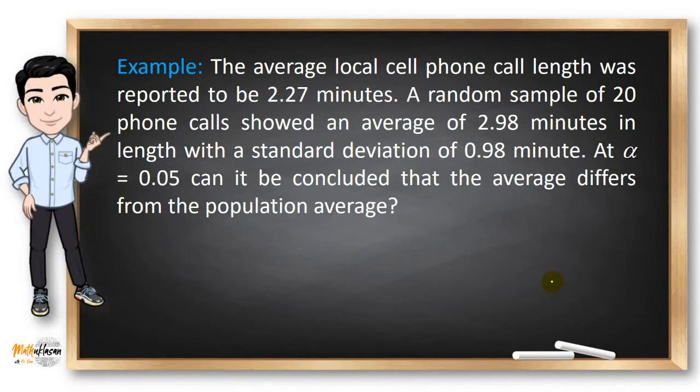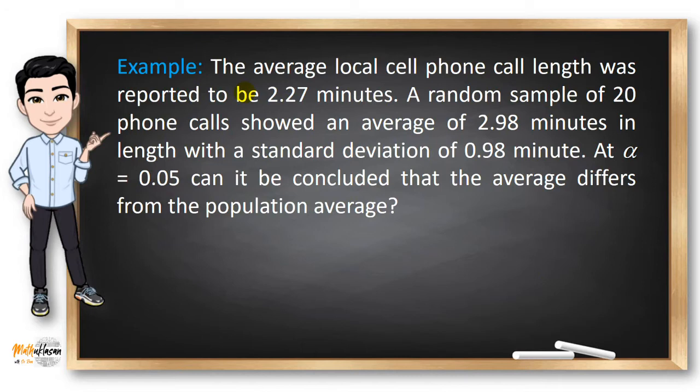For example, the average local cell phone call length was reported to be 2.27 minutes. A random sample of 20 phone calls showed an average of 2.98 minutes in length with a standard deviation of 0.98 minutes. At alpha level 0.05, can it be concluded that the average differs from the population average?